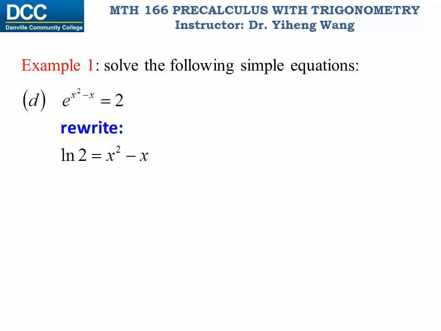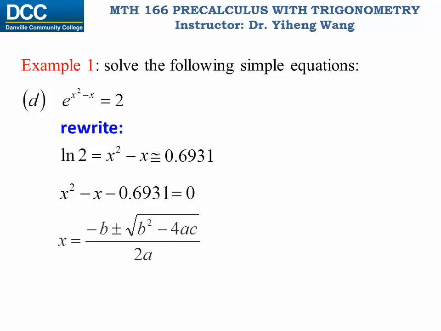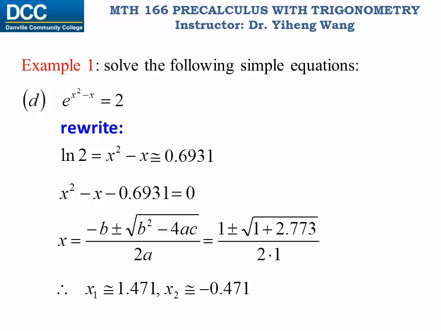And we can use the calculator to find out that ln 2 is approximately 0.6931. We rearrange this equation, and as you can see, this is a quadratic equation. In this case, it's difficult to factorize it, but we can always use the quadratic formula, substitute in all the coefficients, and we get 2 approximate solutions for x.